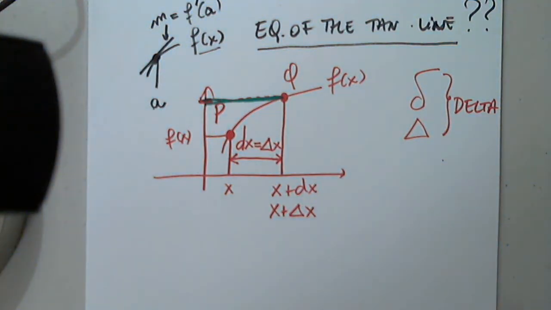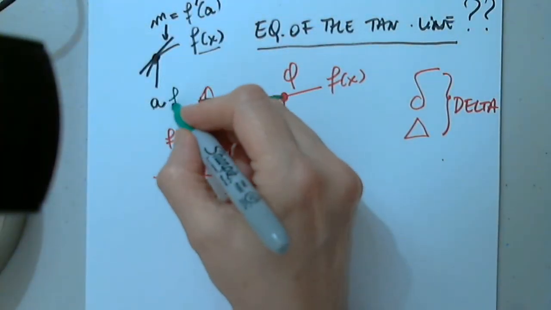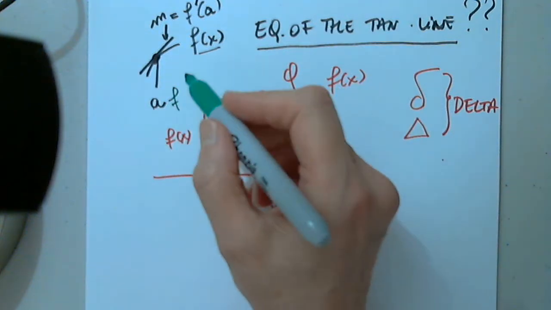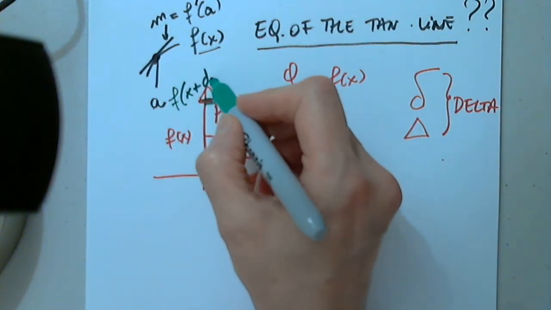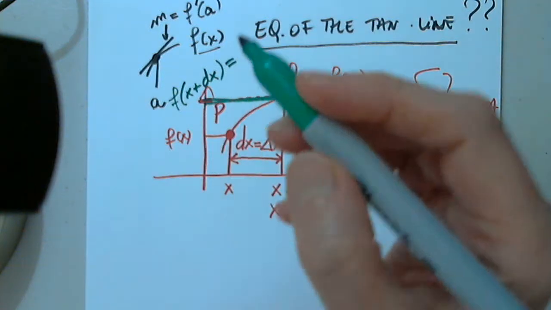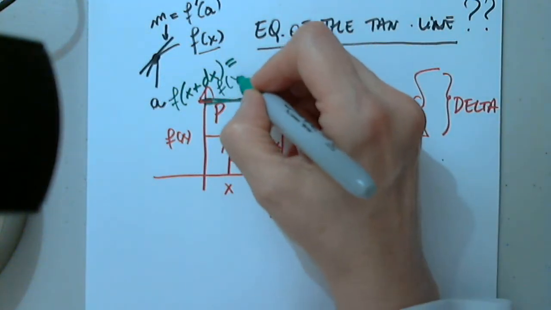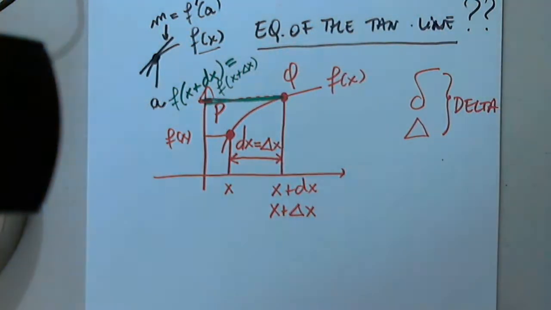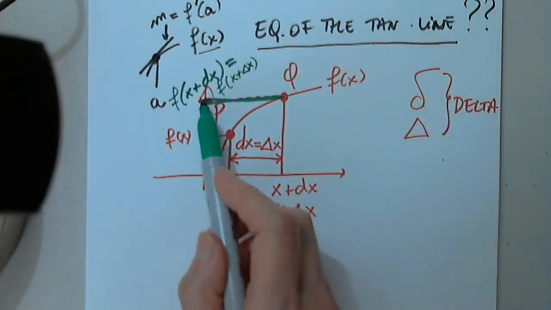Anyone? f of x plus delta x. Thank you very much. So f of x plus dx equals, as you mentioned, f of x plus delta x. They are both the same. So this is right here.